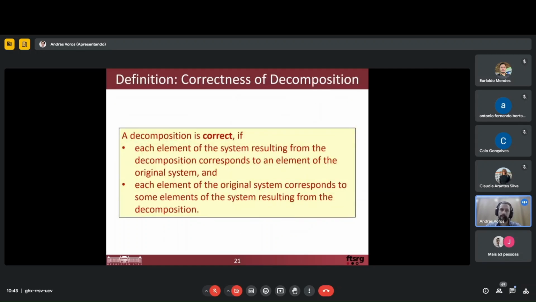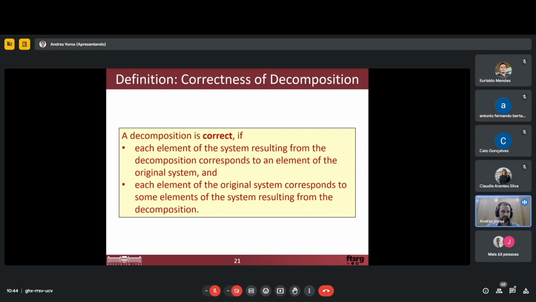And we can talk about correctness of decomposition. So the definition of correctness is the following: a decomposition is correct if each element of the system resulting from the decomposition corresponds to an element of the original system. So composed elements have to correspond to an element in the whole original system.